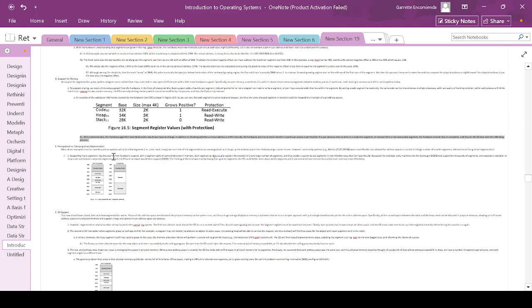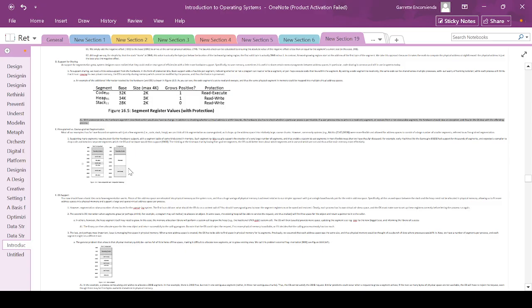With protection bits, the hardware algorithm described earlier, like the if-else check and the offset, would also have to change. In addition to checking whether a virtual address is within bounds, after we convert the virtual address and execute the fetch instruction, the hardware also has to check whether a particular address access is permissible, such as whether it can be read or executed.